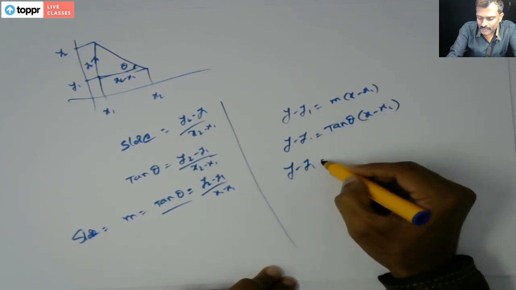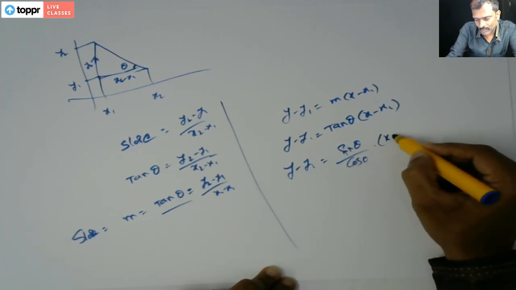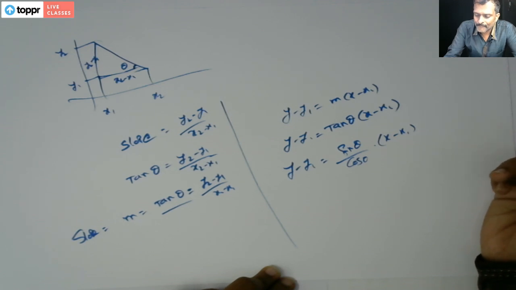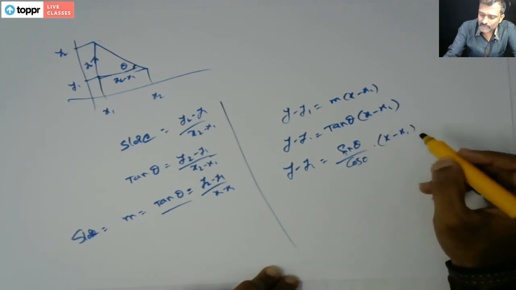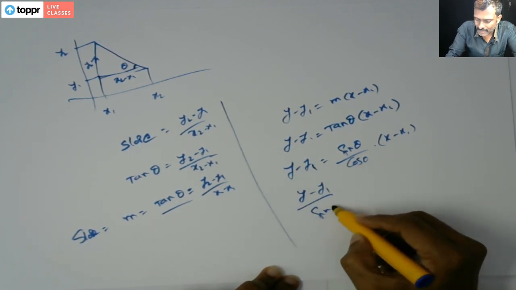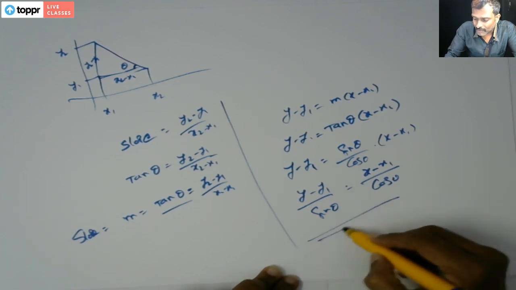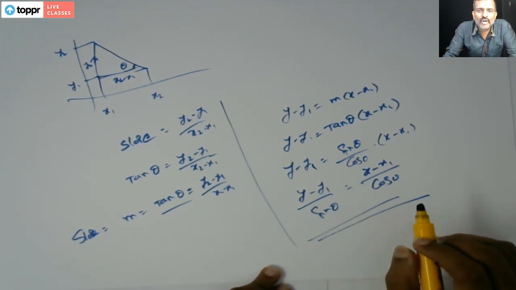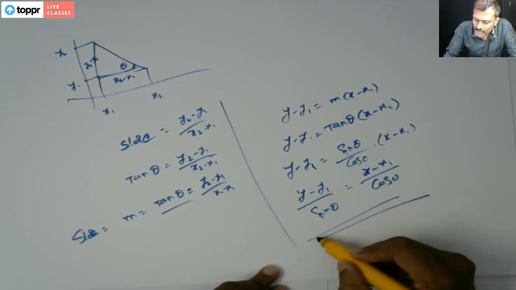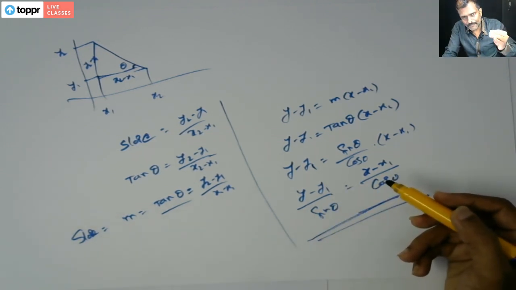So y minus y1 is equal to sin theta by cos theta into (x minus x1). In other words, you can also write it as (y minus y1) by sin theta is equal to (x minus x1) by cos theta. This is one more form of the equation, which is used when you know the angle made with the x-axis.